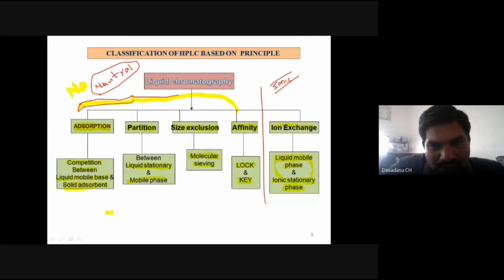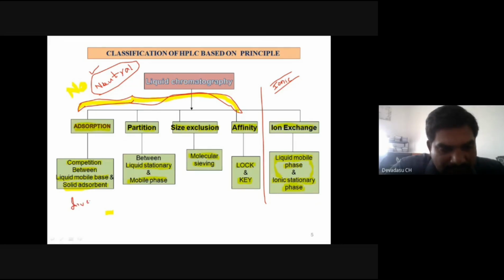Here also, the nature of the species decides which chromatography technique to select. As I said before, neutral molecules can be separated by any of the four chromatography techniques such as adsorption, partition, size exclusion, and affinity.